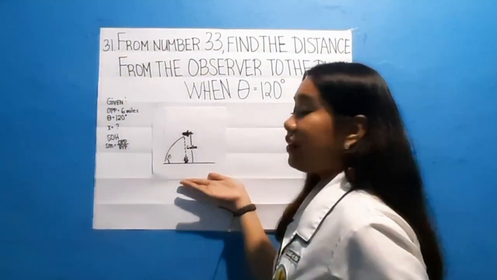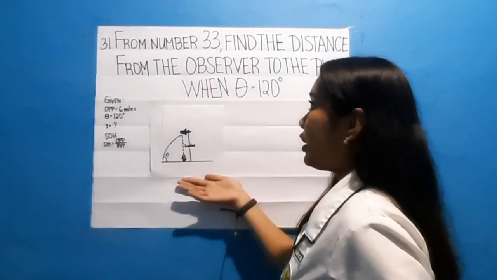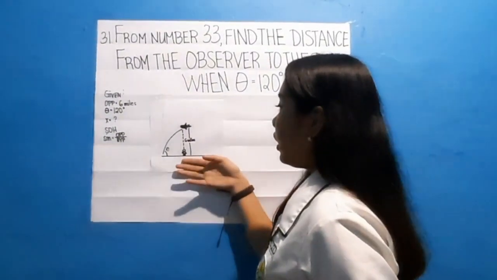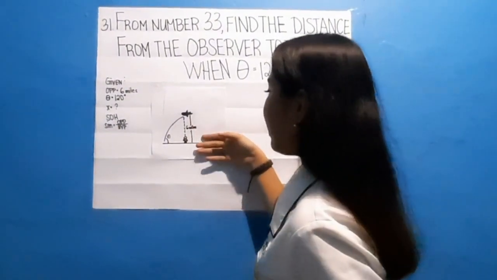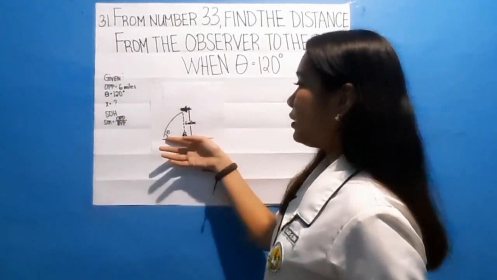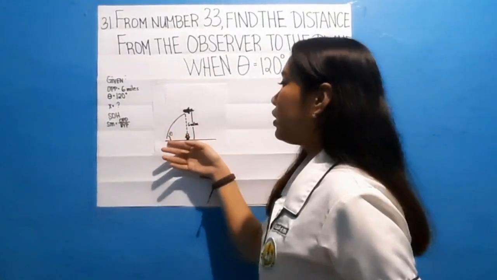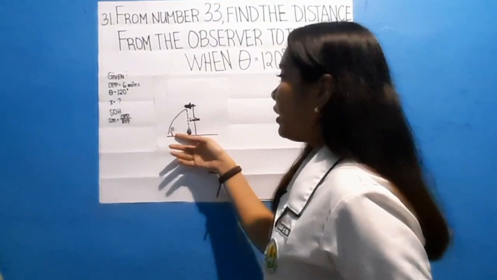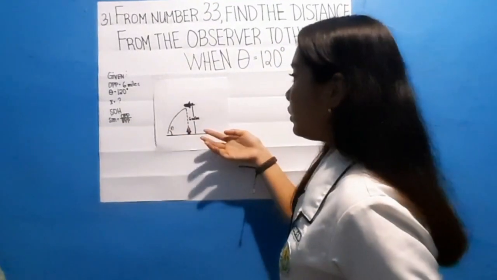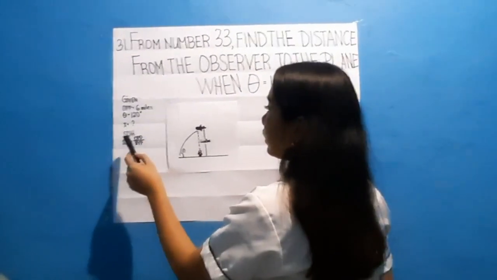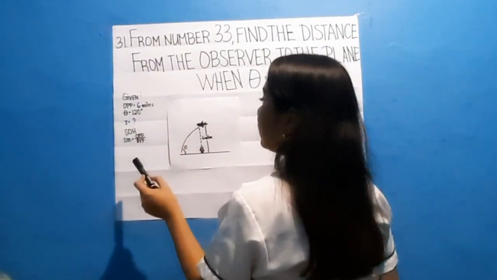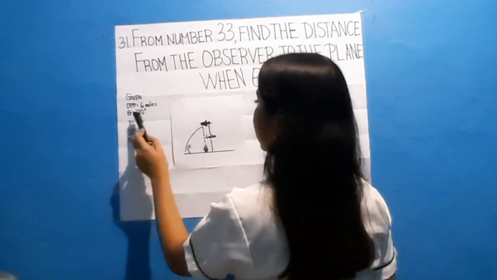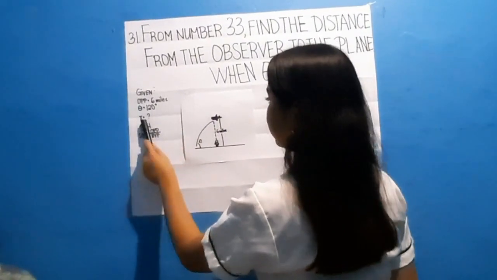Here, we have the figure in number 29, which is the observer and the plane flying at an altitude of 6 miles, and the distance, which is x, and the angle, or theta. So, in the given, the opposite equals 6 miles, theta equals 120 degrees, and x is unknown.